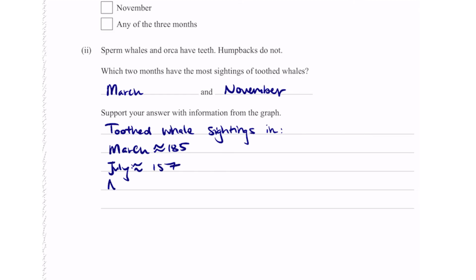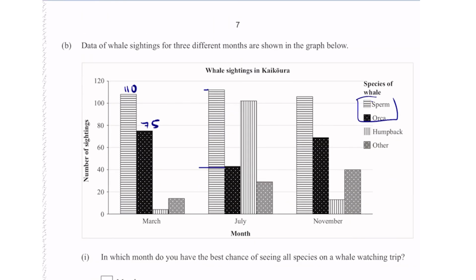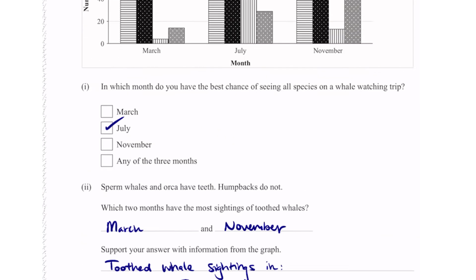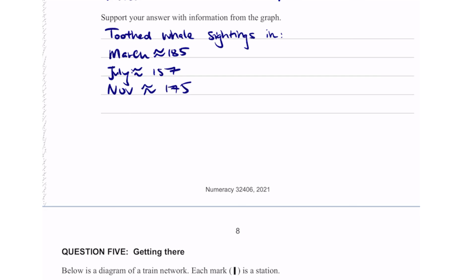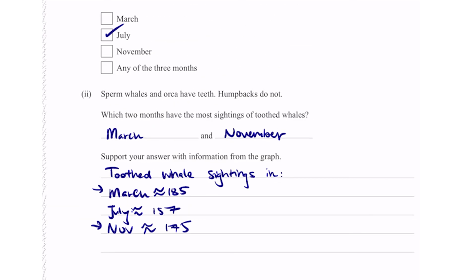And then November is approximately, let's go 105, and then this is let's just say 70. Why not? 105 plus 70 should be 175. So yeah, March and November have the biggest number of sightings, and that's why I've picked it.